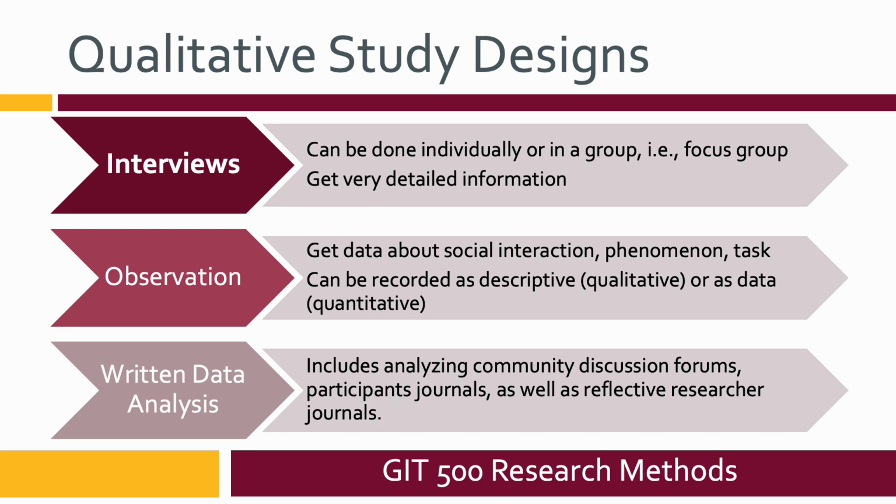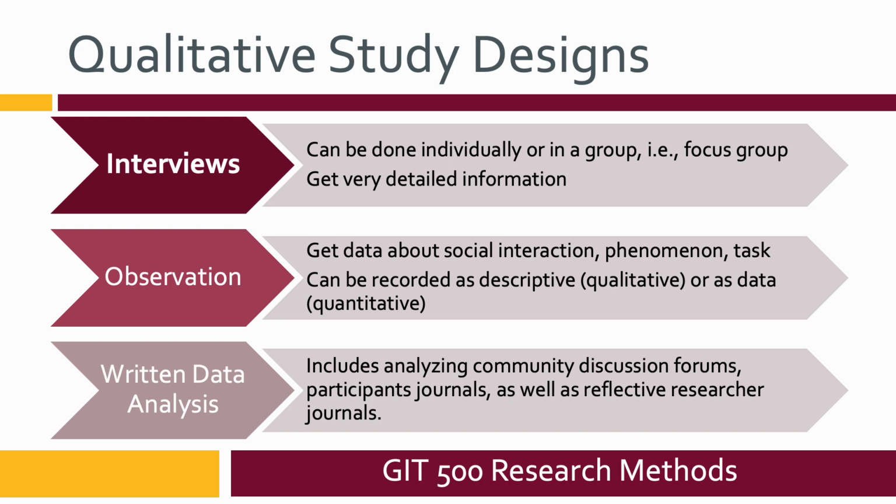You could do observations, and that is how you get data about a social interaction or a phenomenon or a task that you want someone to do, such as in a usability testing situation. It can be recorded as descriptive, which would be qualitative, or as data, which is quantitative, having a little checklist that you check off for each person or thing that you observe.